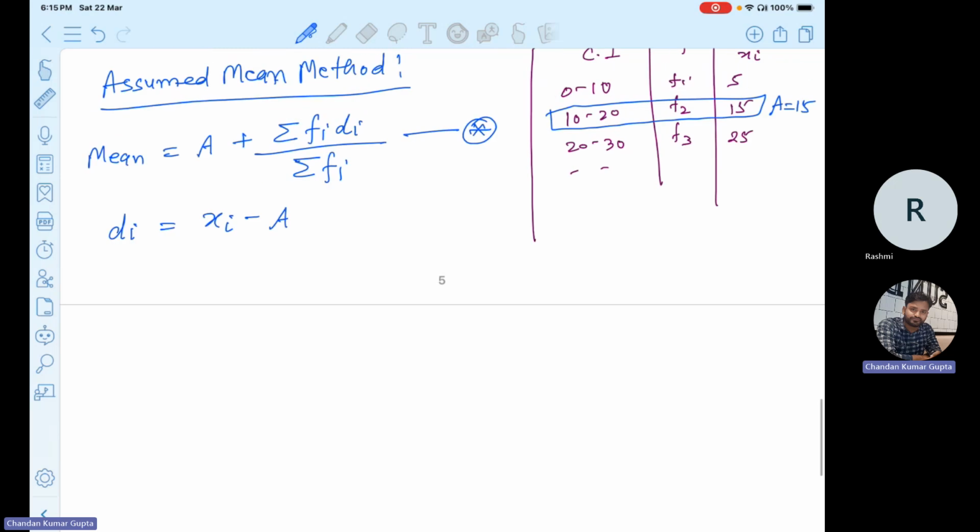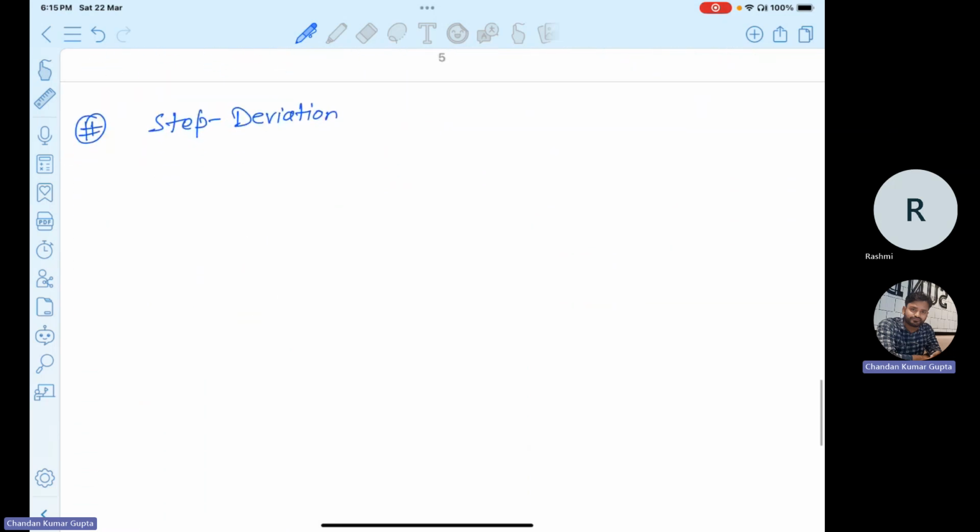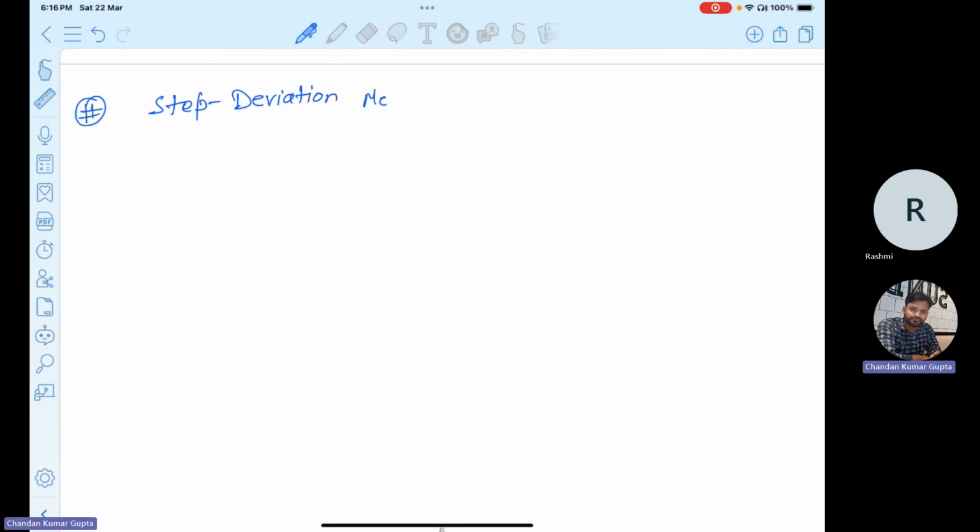One more formula is there, a simplified or less calculative one, the step deviation method. This is also used to calculate the mean value.